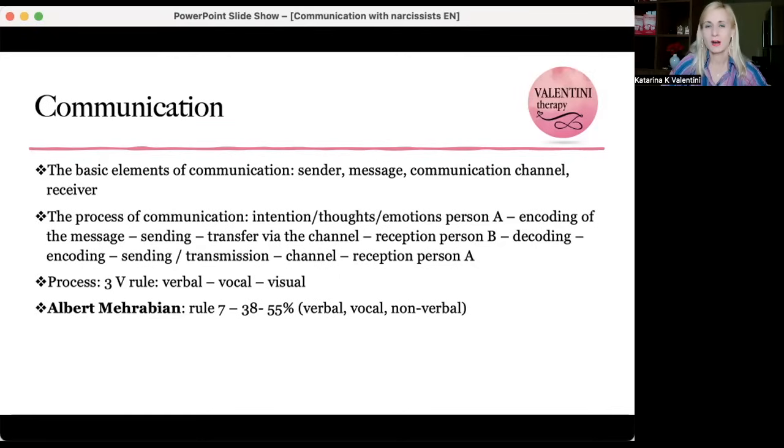Even if you are expressing verbally that you hate him and you will be leaving him this very instant if he doesn't do X, Y, Z, the narcissist will only look at your body language and know that you don't mean it. So be very careful of your visual communication.